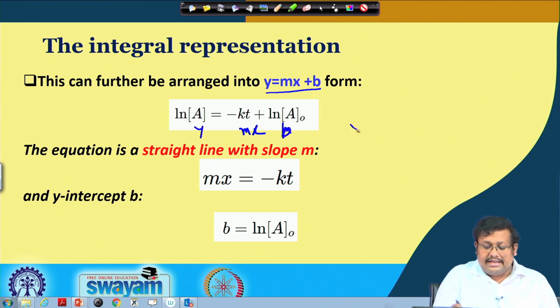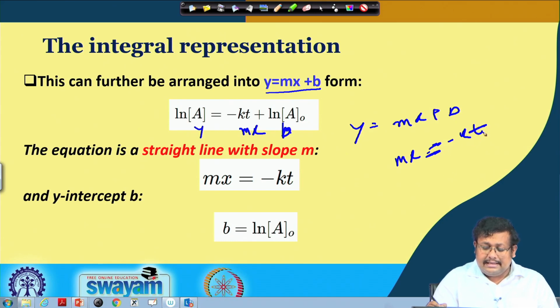So, basically we are getting y equal to mx plus b, where mx equal to minus kT, whereas b is equal to logarithm of A0.